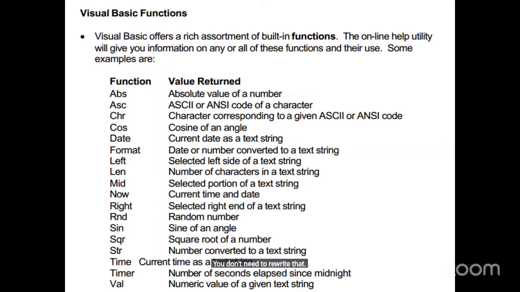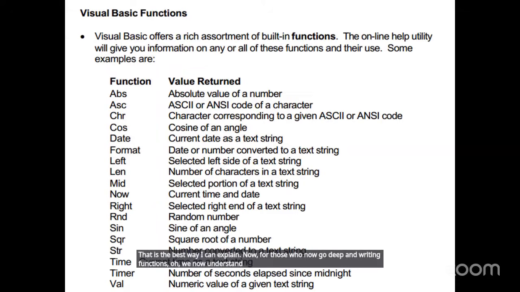Just create the parameter, call the function, put it there. It does it for you and returns the value. That is the best way I can explain. Now, for those who will go deep into writing functions, we will understand better what a parameter is. But for an inbuilt function, you just call the function and put the value there.